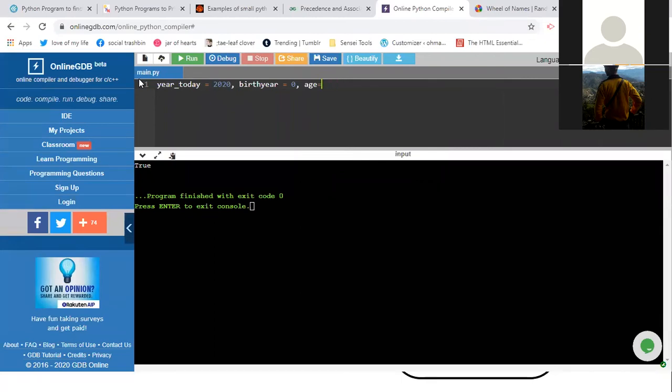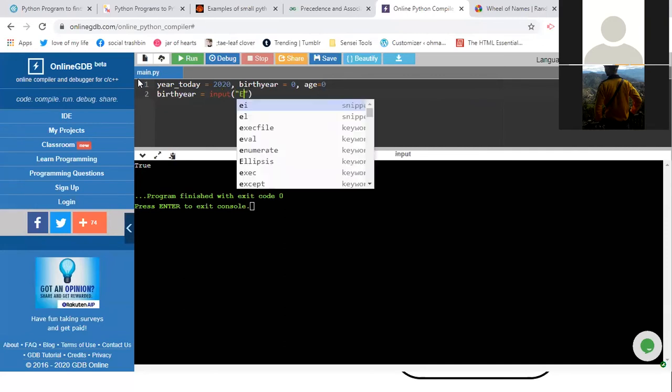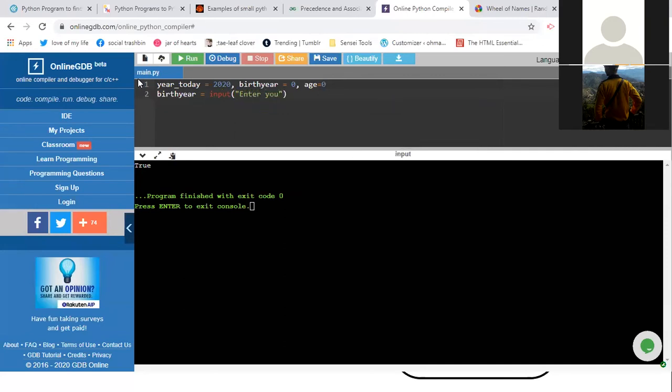And also after that is input, birth year gets input, enter your year of birth.